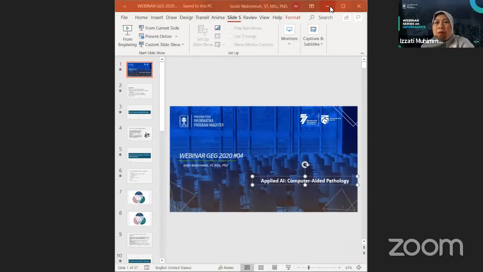And then we will look at the workflow for that, and what the Indonesian challenge is in this area. And then after that, I will present our experience developing this computer-aided pathology in applications on pap smear, HER2, tuberculosis, and malaria. And then toward the end, I will highlight the future work that we aim to do.